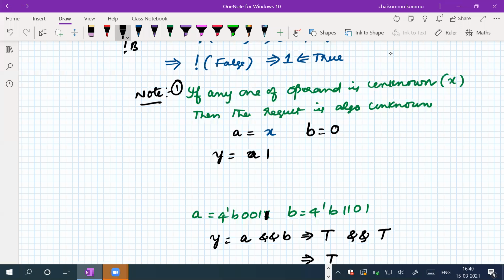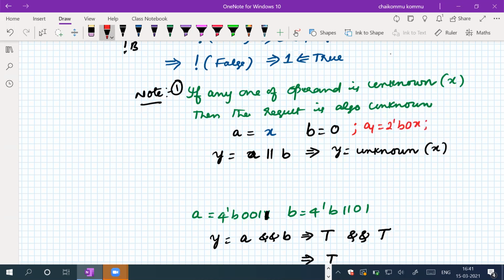Y is equal to unknown. Y is unknown, that is actually X value. X it will be showing. A is whatever the size it is. For example, instead of taking A like this, if I consider A1 is equal to 2 bit of 0X.